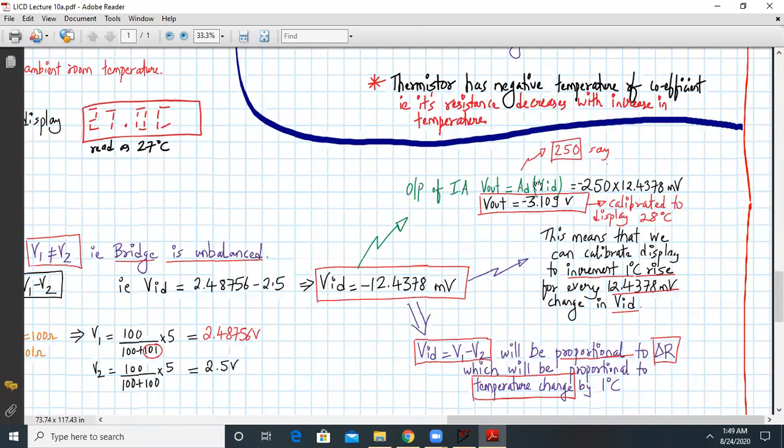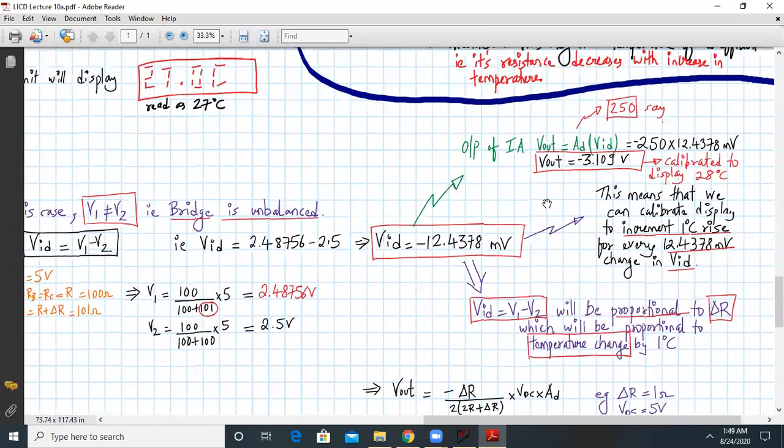This difference is amplified by the instrumentation amplifier. Let's say the gain of the instrumentation amplifier is 250. This is multiplied by that VID, so my output will be read as minus 3.109 volts, which is calibrated to display 28 degrees Celsius.